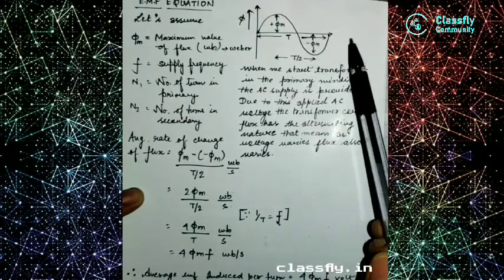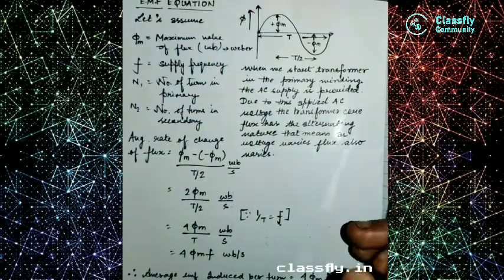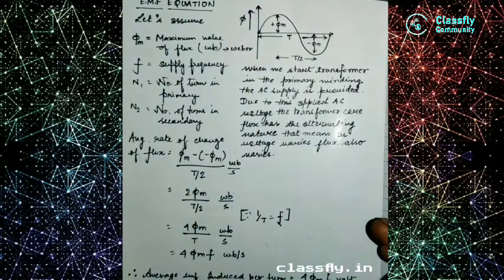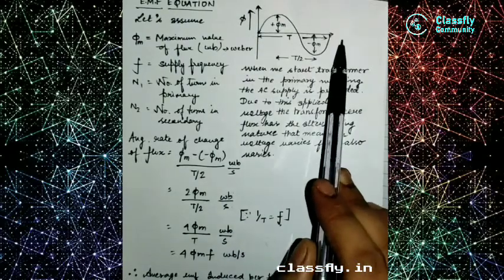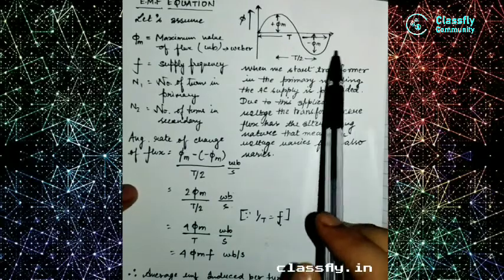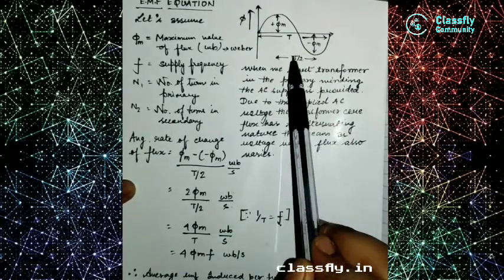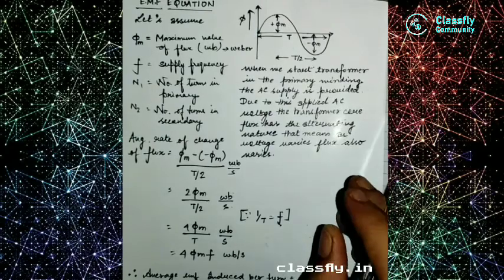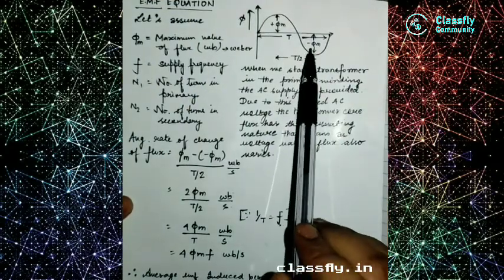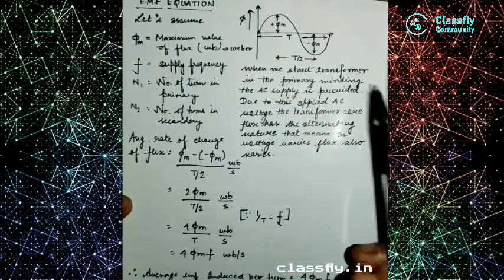This is a sinusoidal wave, denoting the positive phi m and the negative phi m. This is the time taken to change from positive to negative, that means from positive phi m to negative phi m it takes T/2 time. So the rate of change of flux is over T/2.